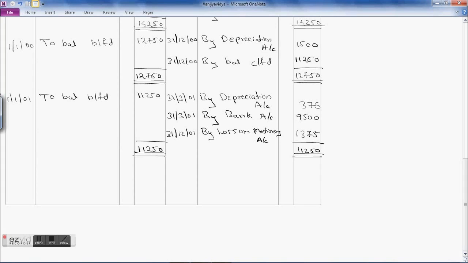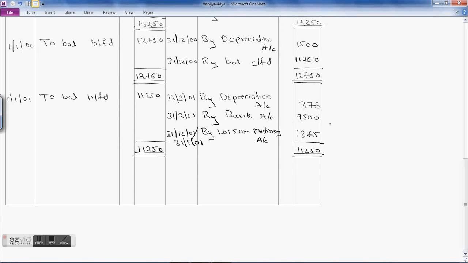See, either you can transfer it on 31/12/2001 or you can also transfer it on 31/3/2001, that is on the date of sale of machinery. So you can post this entry either in March 2001 or at the end of the year.